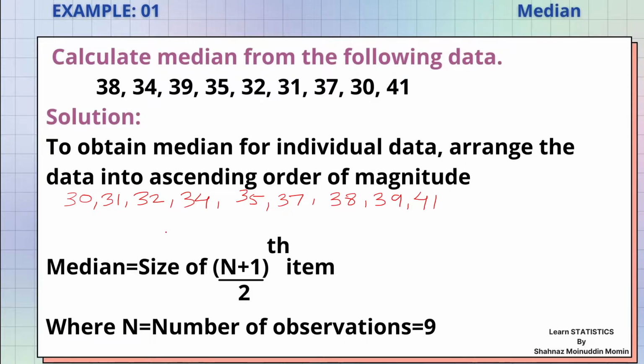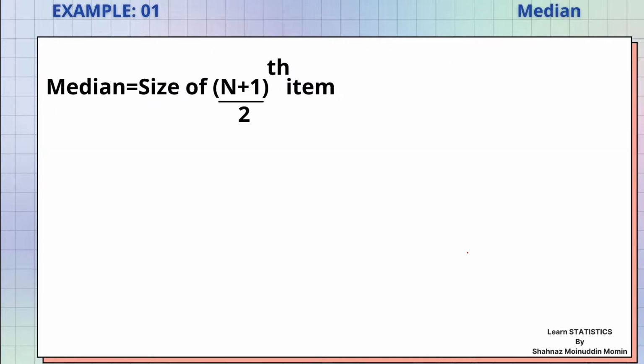Then apply the formula for median as median equal to size of (n plus 1) upon 2th atom, where n is the number of observations given. Here we have given 9 observations. 1, 2, 3, 4, 5, 6, 7, 8 and 9. Now put the value of n in the given formula.